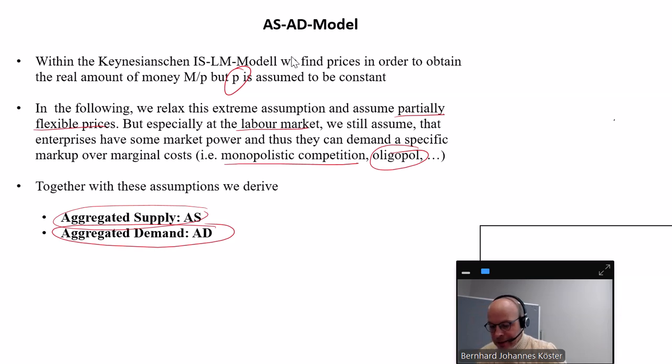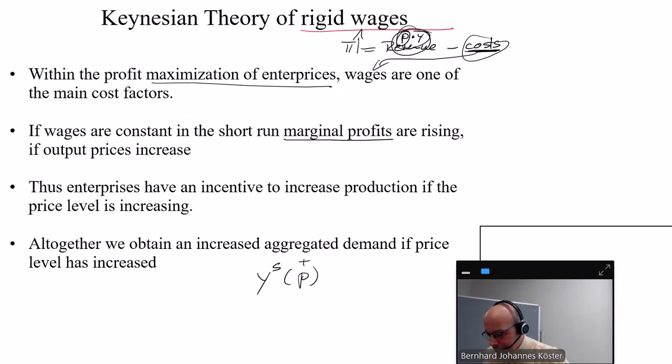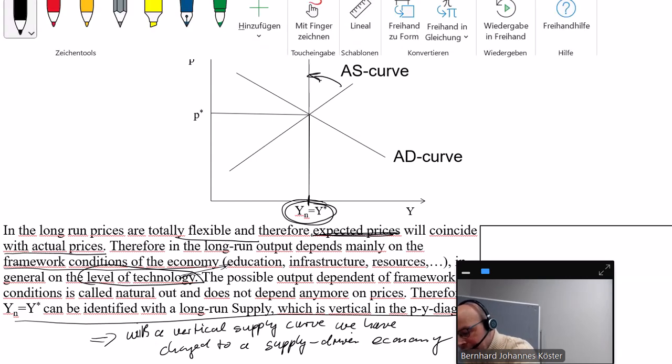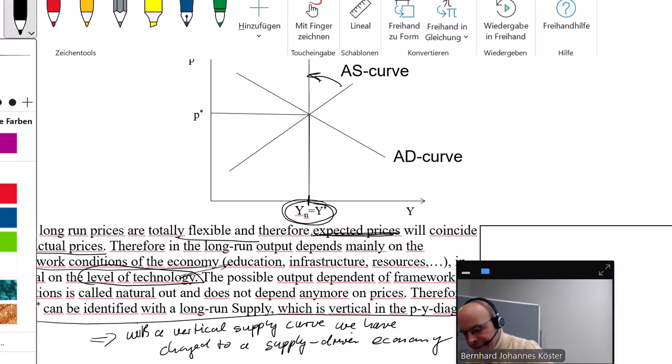Anyway, we are at the topic of the neoclassical theory, and the first time we have seen in theory the neoclassical explanation. This was the long-run supply curve, and now we want to go into more detail about what is behind this vertical supply curve.